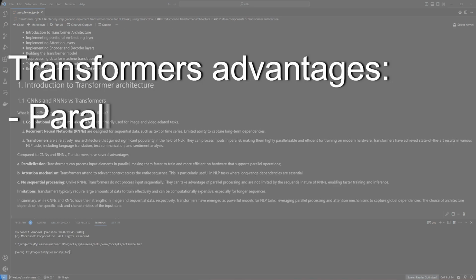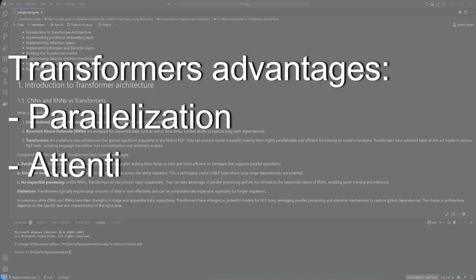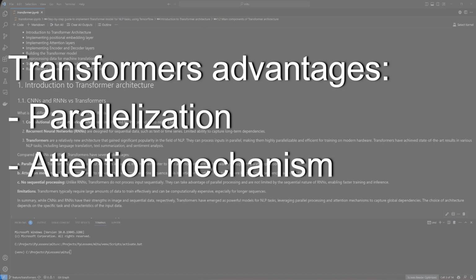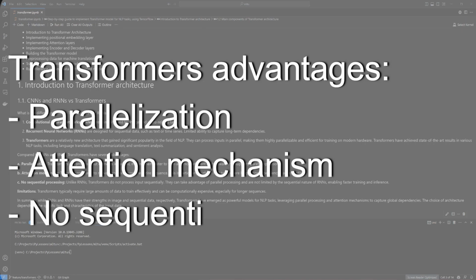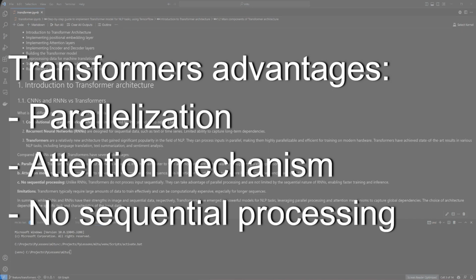Transformers can process input elements in parallel, making them faster to train and more efficient on hardware that supports parallel operations. And attention mechanisms. Transformers use self-attention to capture global dependencies in the input sequence, allowing them to attend to relevant context across the entire sequence. This is particularly useful in NLP tasks where long-range dependencies are essential.